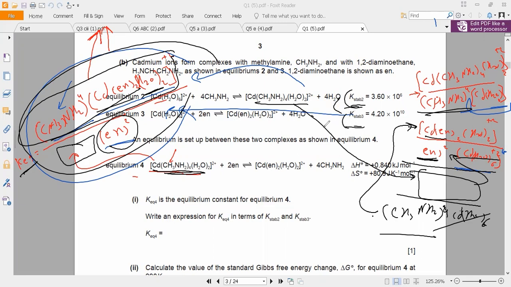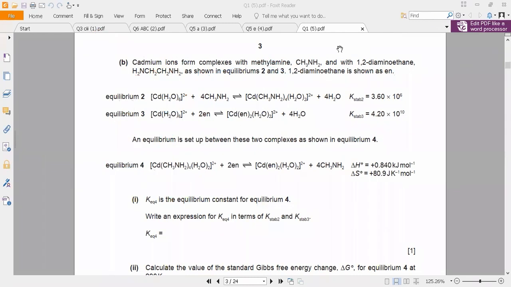If it doesn't work, you should multiply them. The two equilibrium constants, K stab 2 and 3, should be equal after doing something to them, multiplication or division. They should be similar to the equation here. We solved two equations similar to this, guys. I hope you revise them.